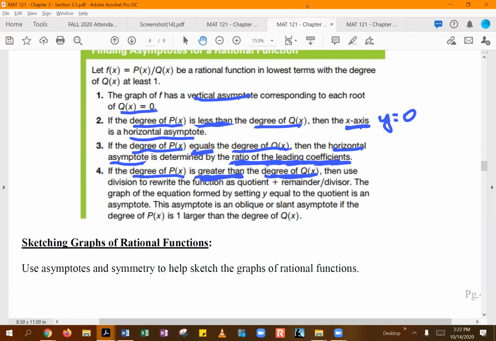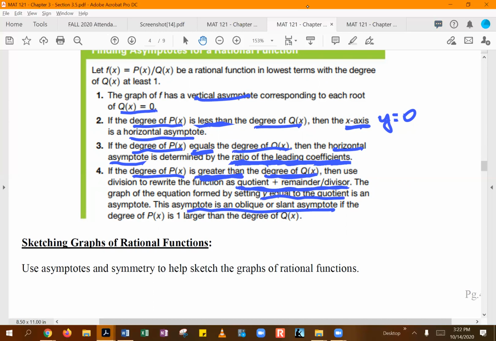And in that case, our oblique asymptote is going to be y equal to the quotient. And we'll talk about this here in a minute. So the idea is they're asking you to rewrite the function as the quotient added with the remainder over the divisor.